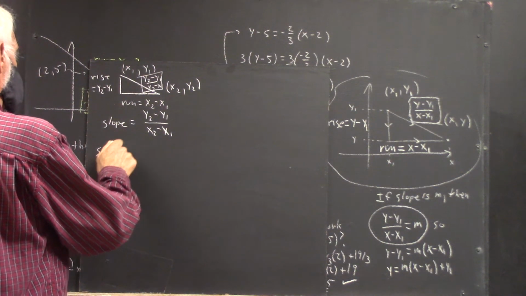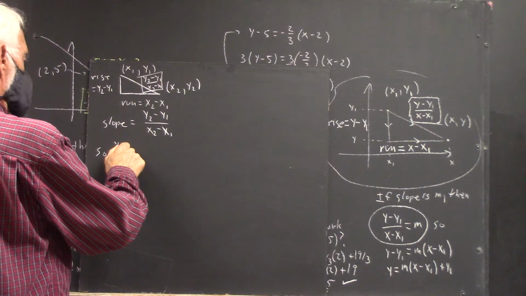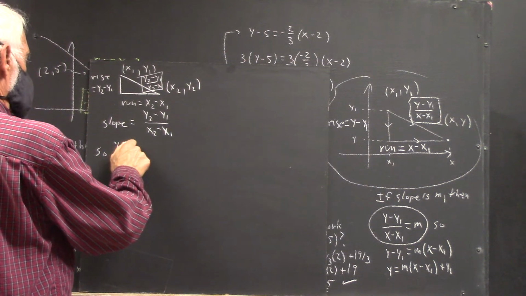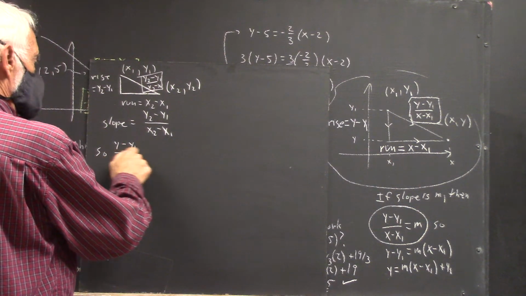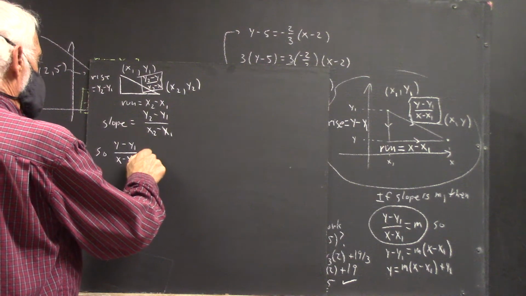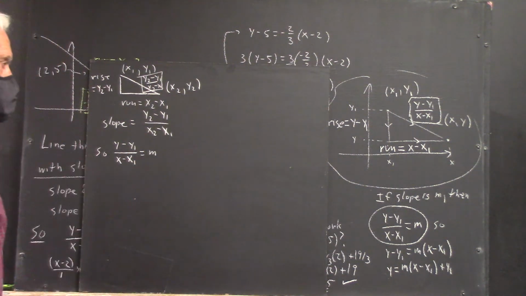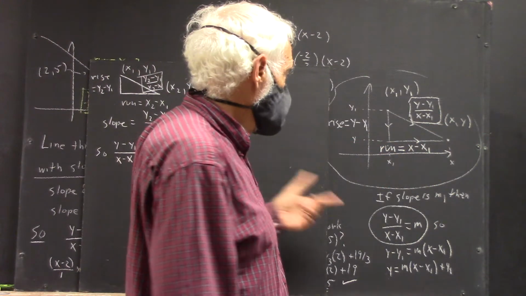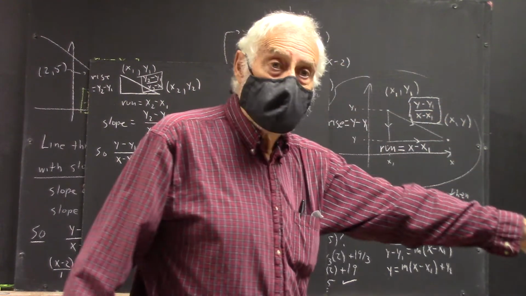So, from this picture, now the difference between an x, y and an x2, y2 is x, y could be any point on the line, right?